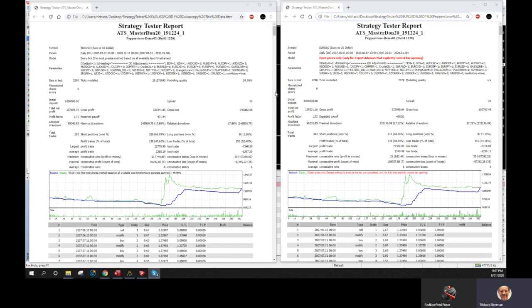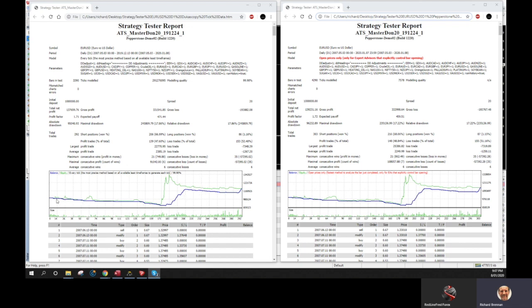On the left-hand side of the chart, you can see that we've tested this using tick data with 99.9% accuracy. And on the other test, we've tested it using open prices only over the same date range. Sorry, one's using Dukascopy data and the other is using Dukascopy data with the open prices only. You can see that the overall results of both strategies are very similar. They're not what we'd regard as materially different.